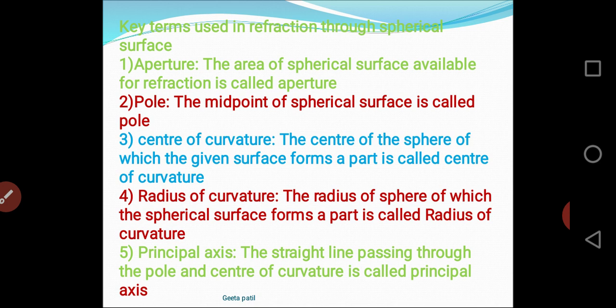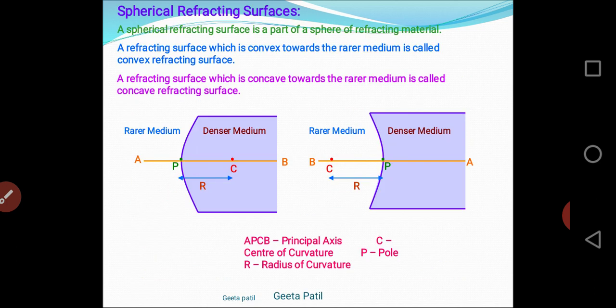And one more, the principal axis: the straight line passing through the pole and center of curvature is called the principal axis. Once again we recall the diagram. P represents the pole, the midpoint of the refracting surfaces. C represents the center of curvature, and the distance between pole and center of curvature is known as the radius of curvature.